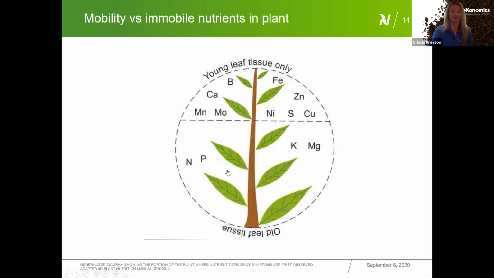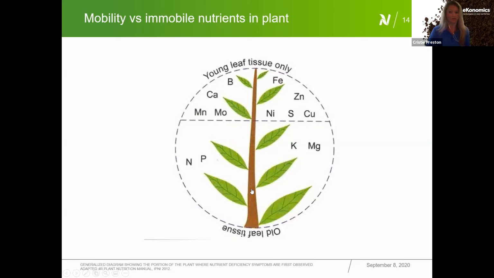If you think about it, they're closer to the sun, photosynthesis, because they're on top. Now, if the nutrients are mobile, they're being translocated to those growing portions. That's why you'll see nutrient deficiencies in the older portions.